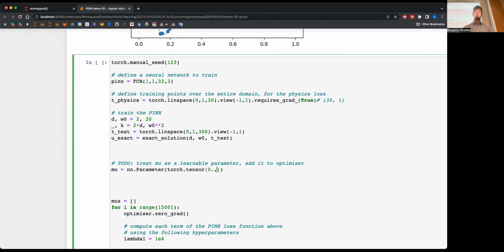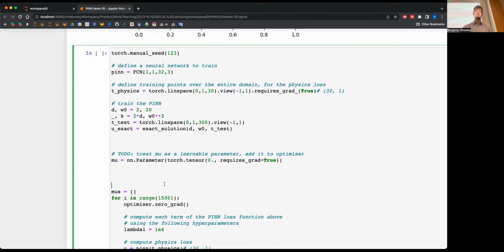Cool. And we're going to be updating this with gradient descent, so we need to make sure that PyTorch tracks the computational graph, just the same as for those other tensors we were creating. So we're going to do requires_grad equals True. Cool. So that's that setup.